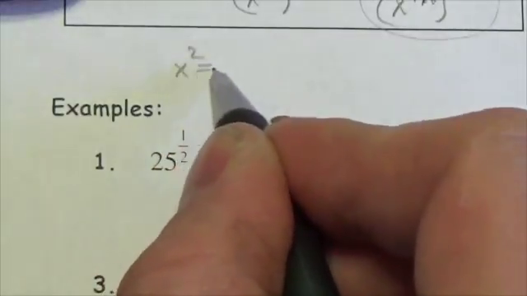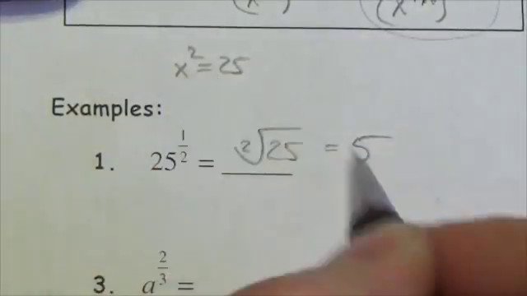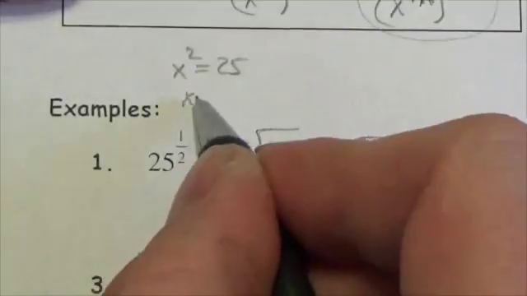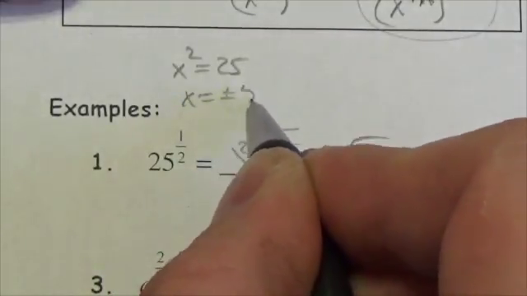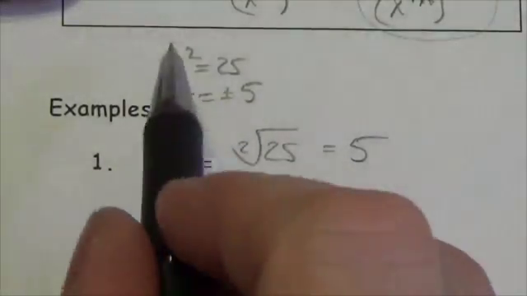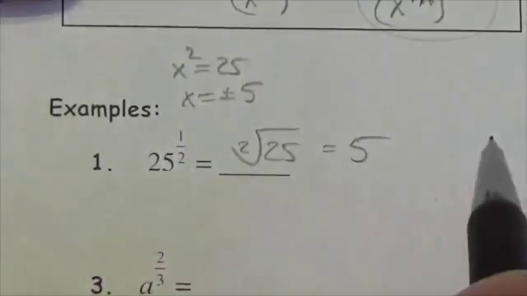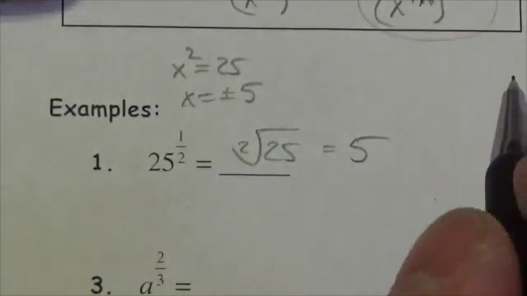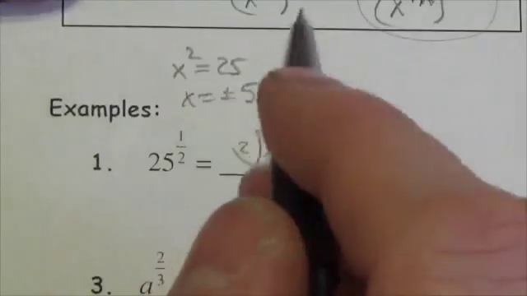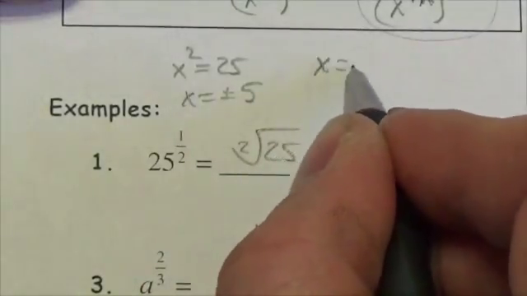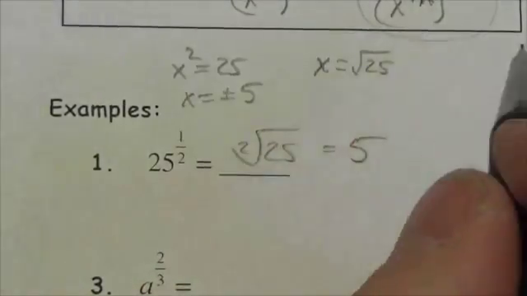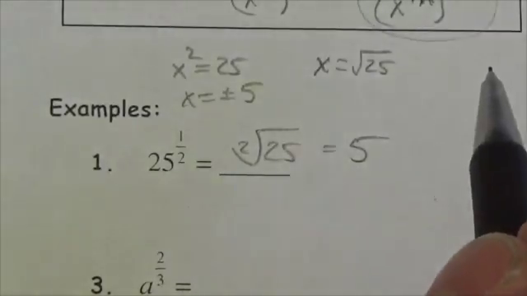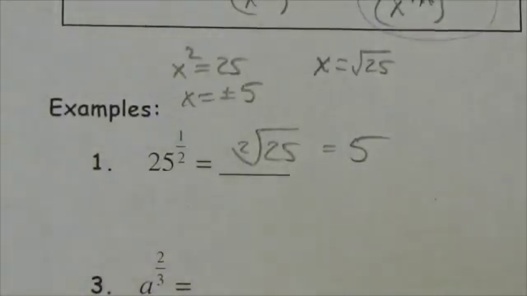If I was to ask you x squared equals 25, then my answer would be plus or minus 5, because squaring something gets rid of the negative, okay? So x could have been either positive or negative. But when I ask you x is equal to the square root of 25, this is a different question, well, not altogether, but it is a different question, okay?